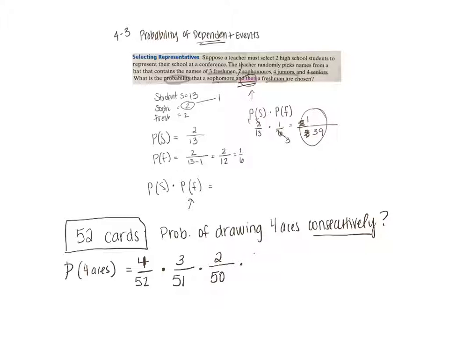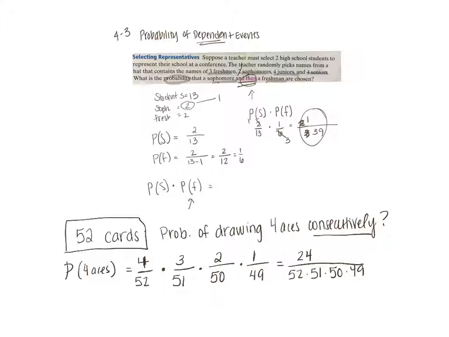And for the fourth, there's only 1 left, and now I only have 49 cards in my deck. And I'm going to have to multiply this all the way through. This is where you want your calculator. But ultimately, I can look at this and say that 4 times 3 is 12, times 2 is 24, times 1. So I have 24 out of 52 times 51 times 50 times 49.